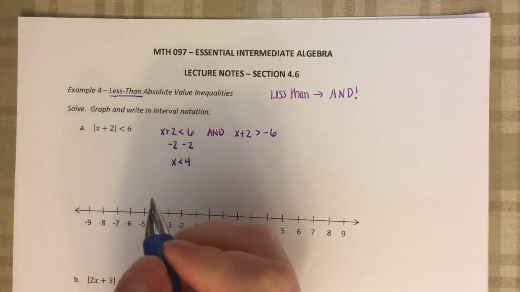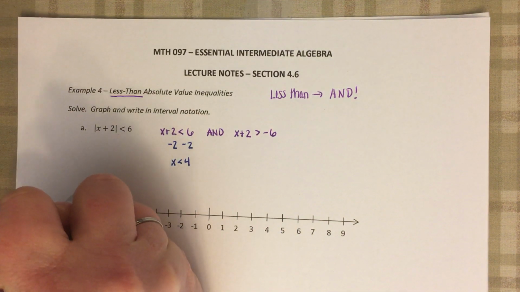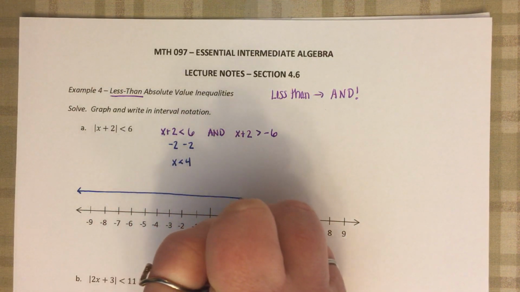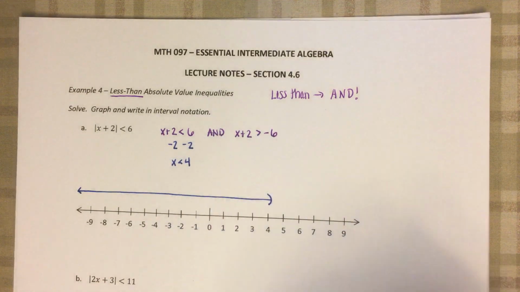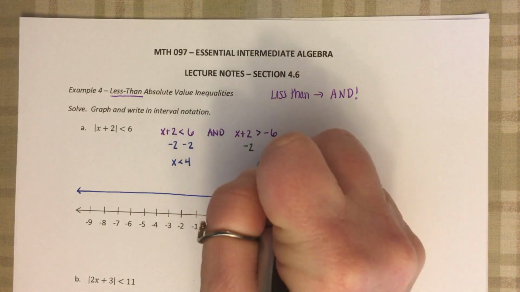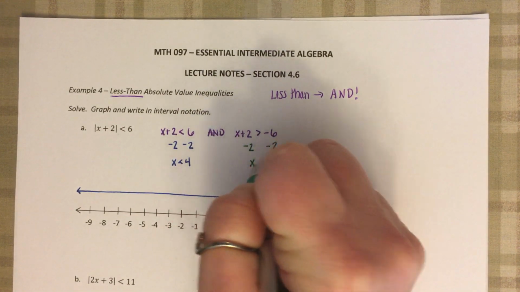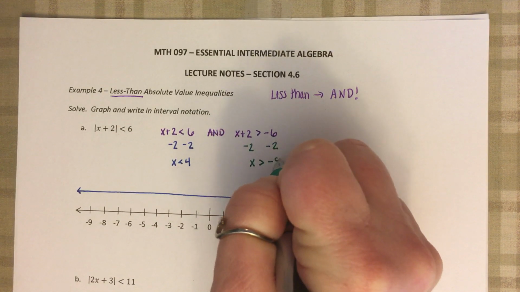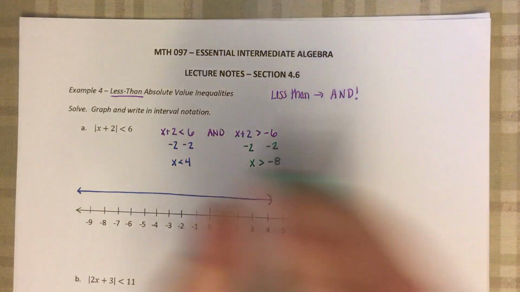So thinking about my number line, I have x is less than 4. Now I'm going to solve my other inequality. Same thing, nice one step, subtract 2 from both sides. X is greater than negative 8.